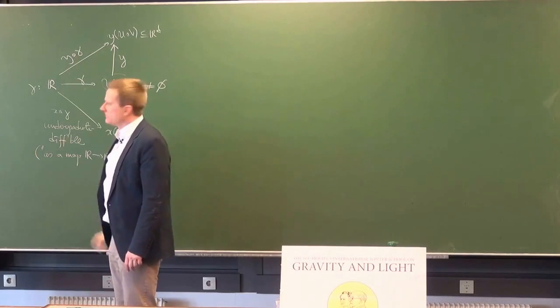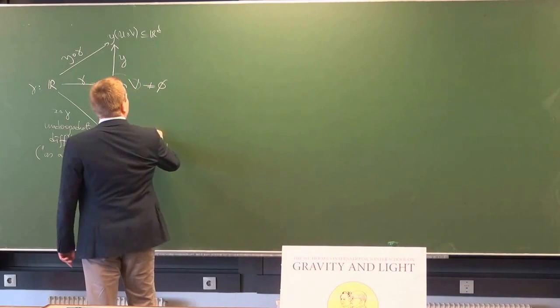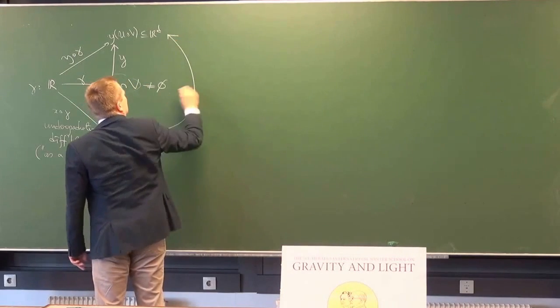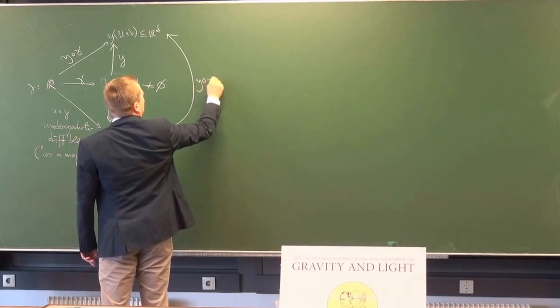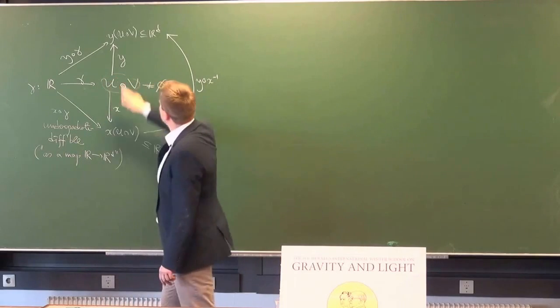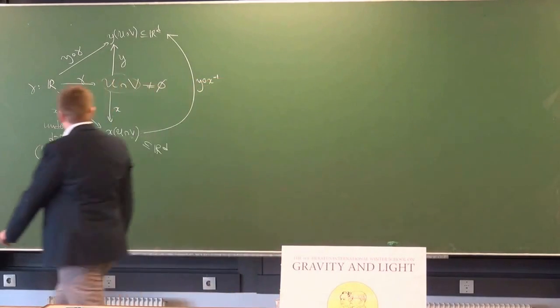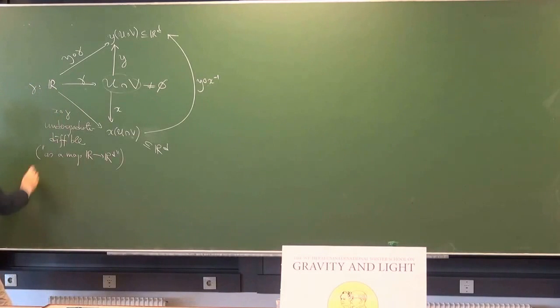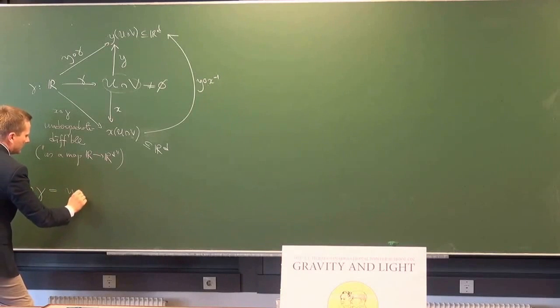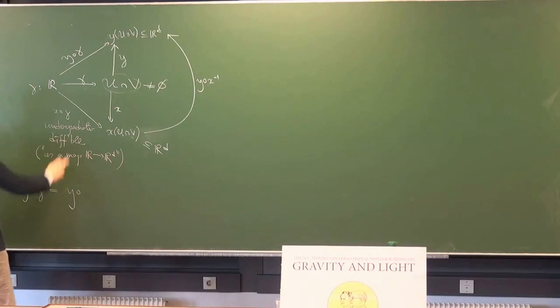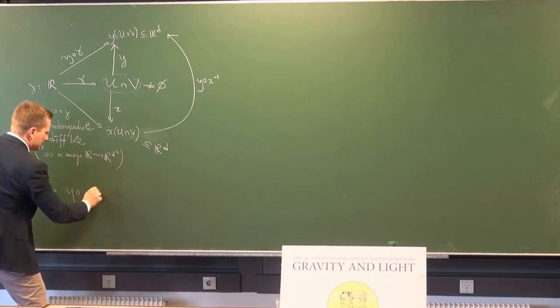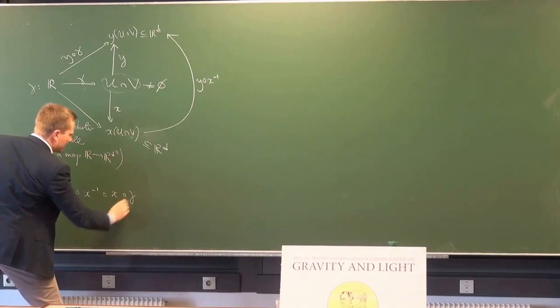Well, we know we have a chart transition function here, y after x inverse from here to there. That was exactly the chart transition function. And let's write it down. So that's this guy, y after gamma is of course y after, what do we do? y after x inverse after x after gamma.